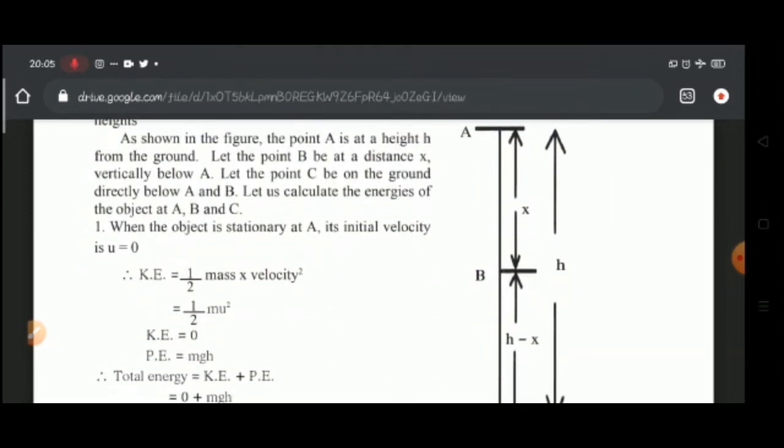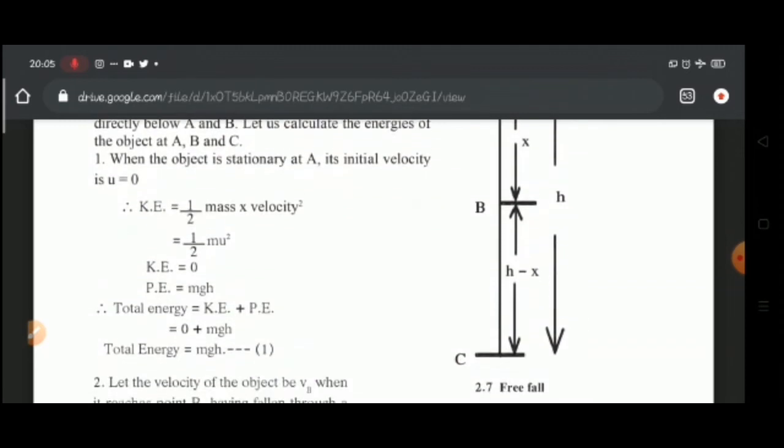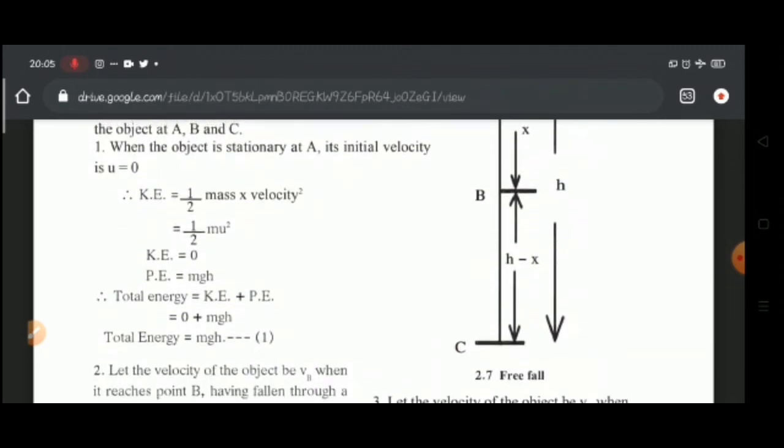We have three different situations. First, when the object is stationary at A, its initial velocity is 0, u is equal to 0. As we had seen before, we consider the initial velocity as 0 and the final velocity as v.